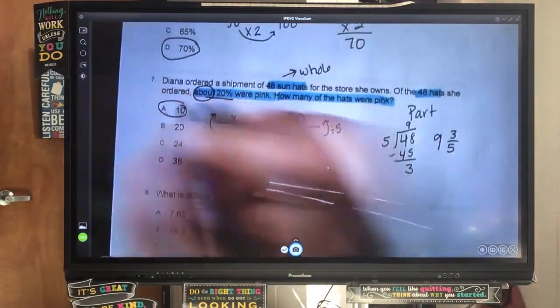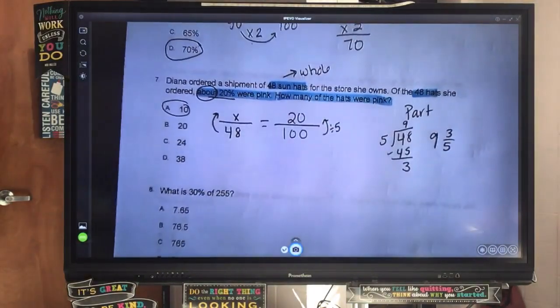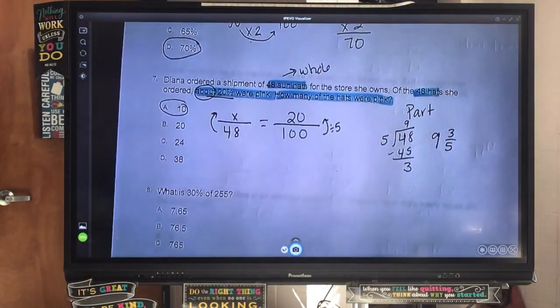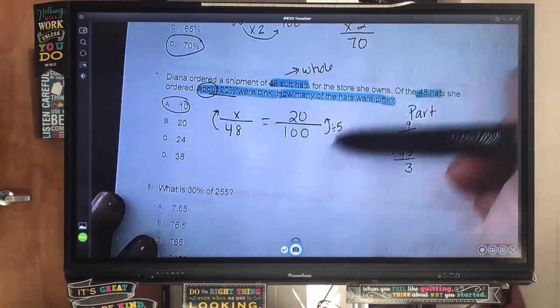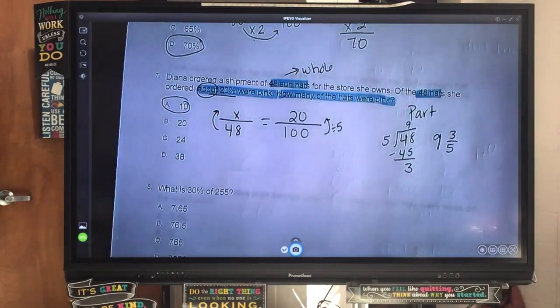Okay? So guys, be careful, make sure you're reading your questions carefully. Make sure you're looking up those key words. Because again, we did this perfect, but then it's like, oh my God, what did I do wrong? No, you did everything right. You just gotta read your questions carefully.